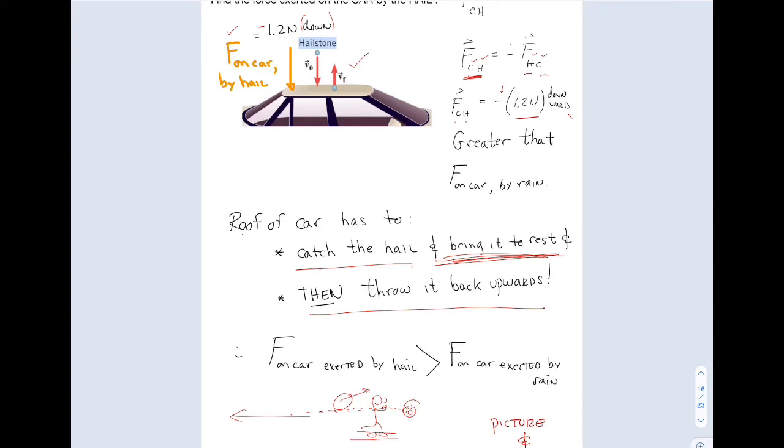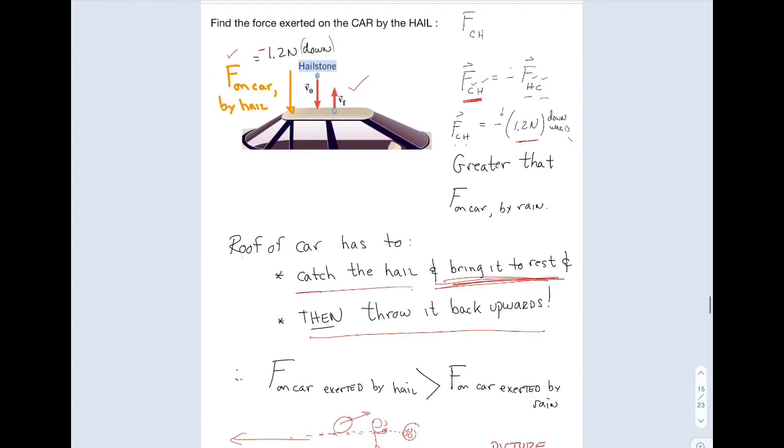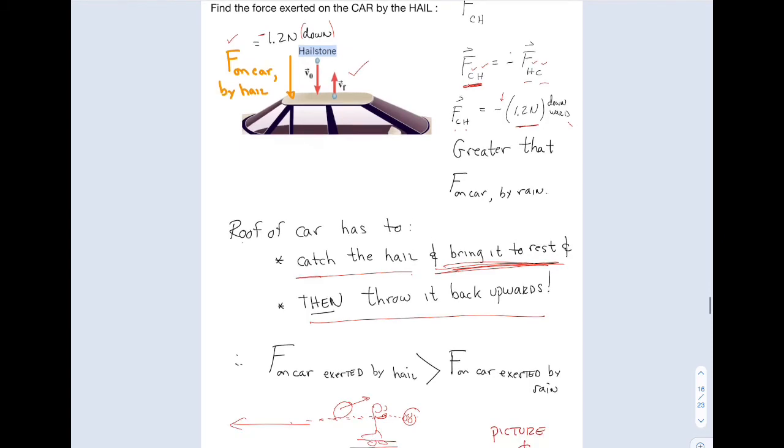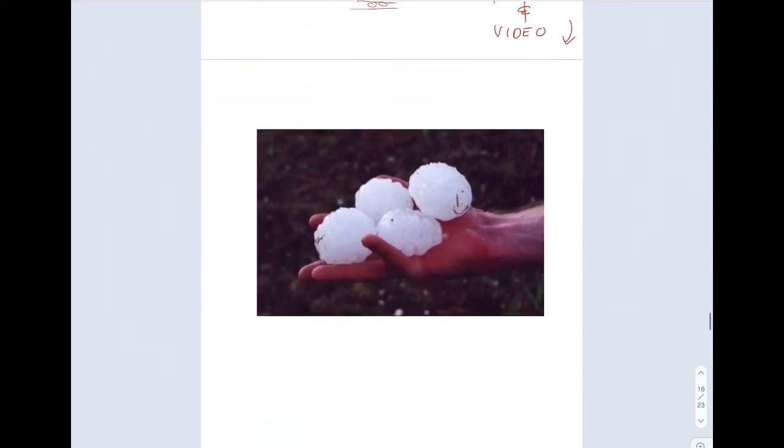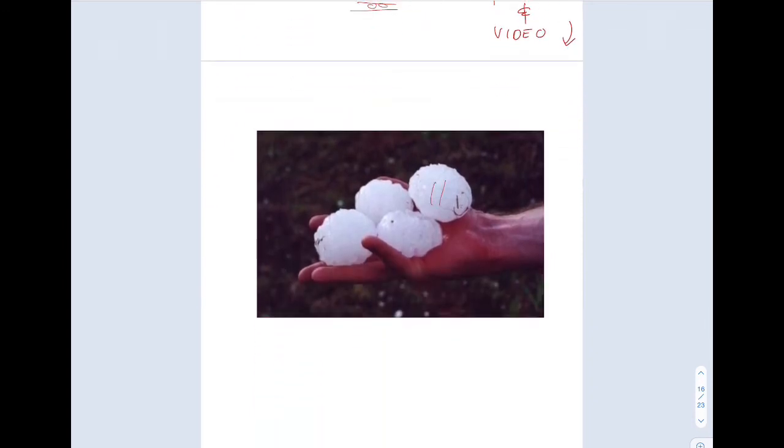So not only does this roof up here have to catch the hail, like it does the rain, it has to throw it back. So it has to exert that greater force, 1.2 newtons as compared to 0.9 newtons, to stop it and throw it back up than it does for the rain.